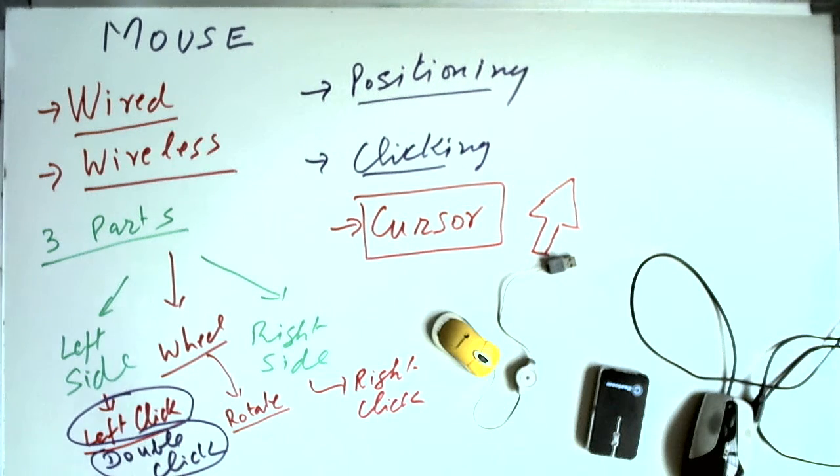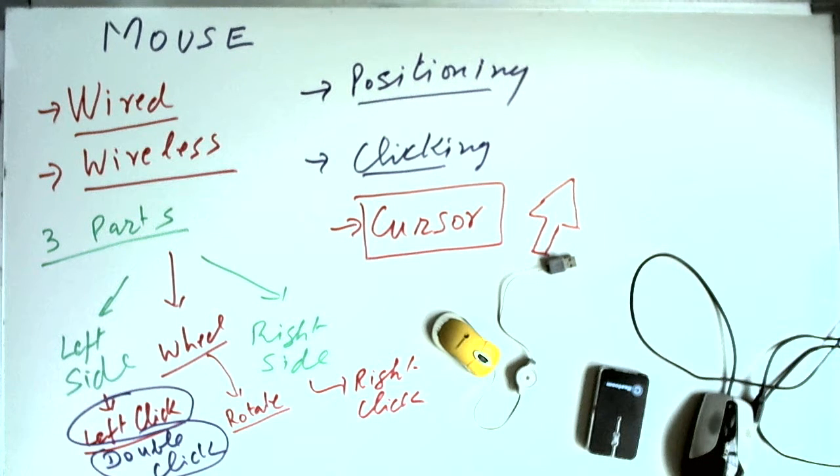And basically, the mouse is connected with the cursor which moves on the screen, and as the mouse is moved on the flat surface like your tabletop, or if you are working on a sofa, then you just keep a newspaper or something by the side, and you can move the mouse on that, because it is very important that first you have to position the mouse.